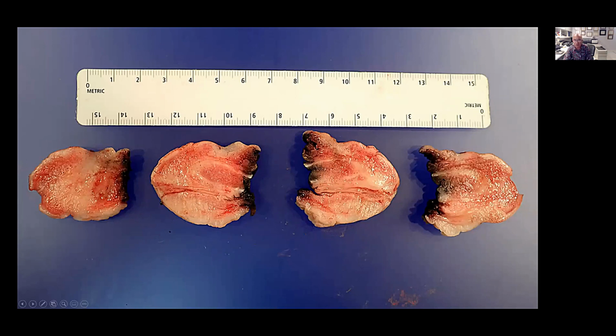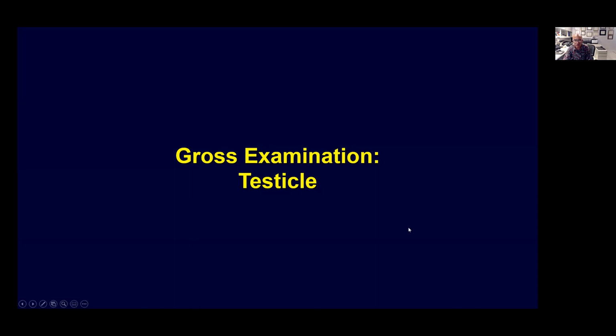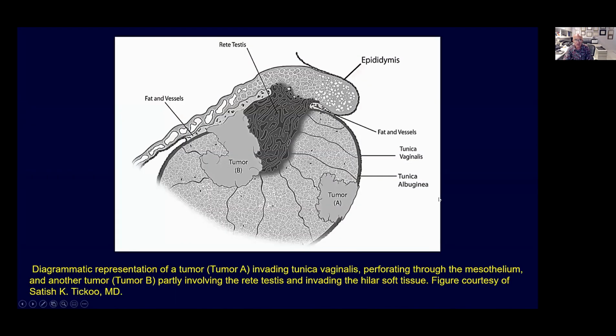This is just the glans penis, as you can see, also to illustrate the presence of a tumor that is close to the urethra, and you can see the areas of involvement from which the most important sections have to be taken.